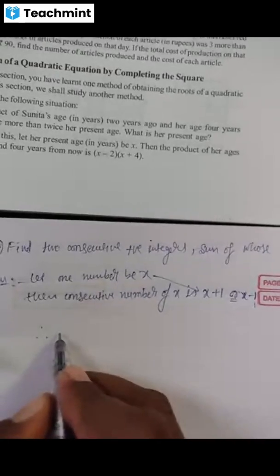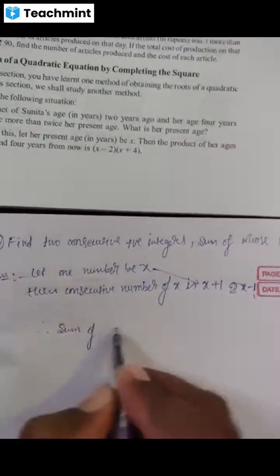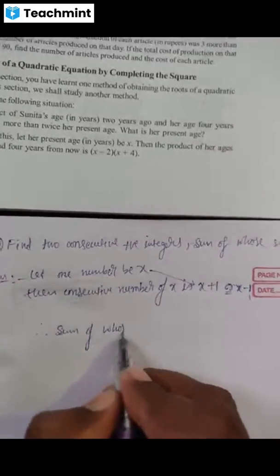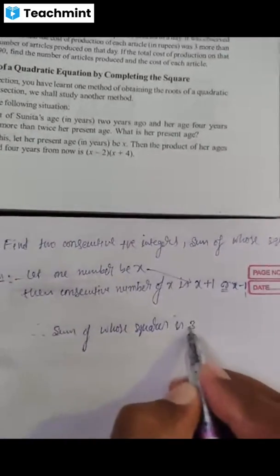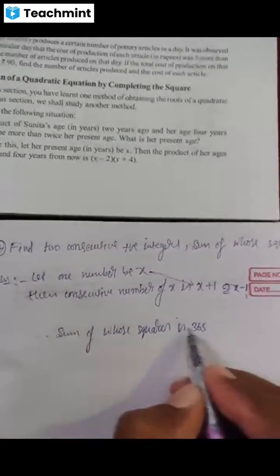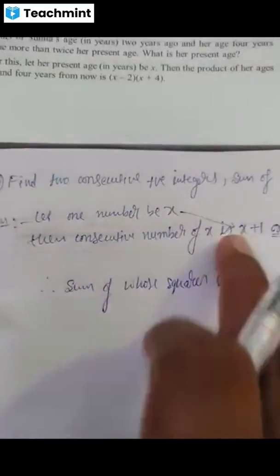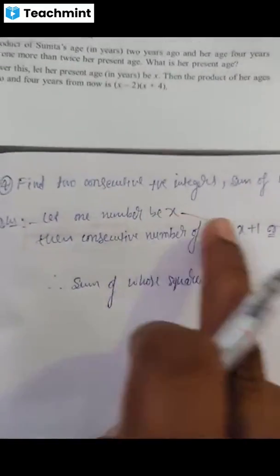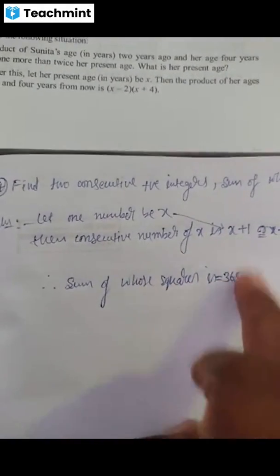Therefore, the sum of whose squares is 365. Then how will you write these two? Here the sum of whose squares is 365.